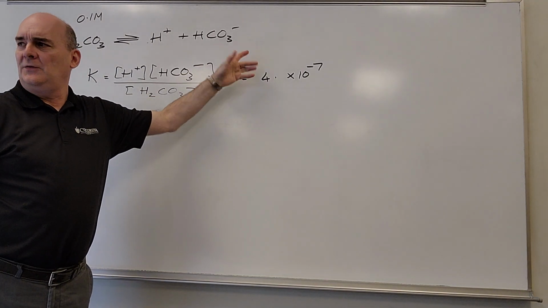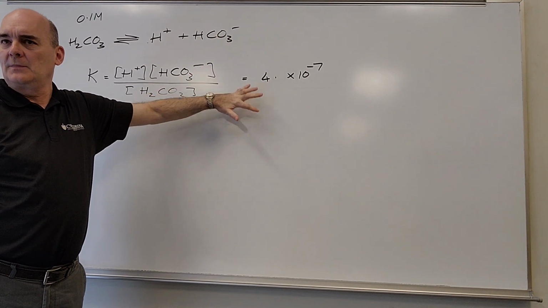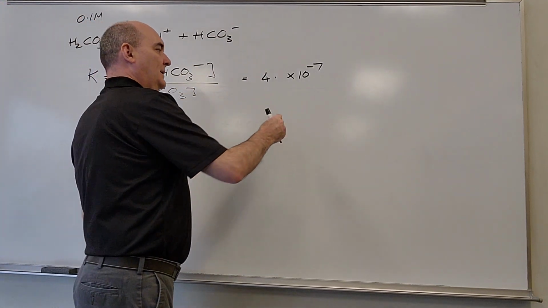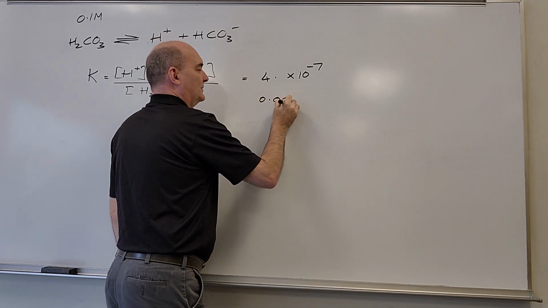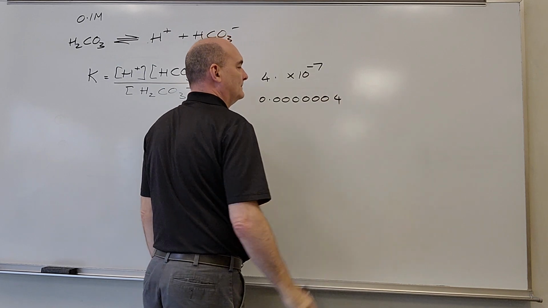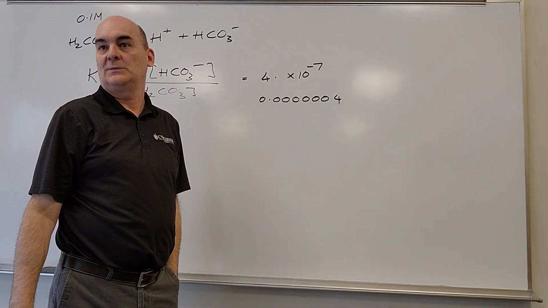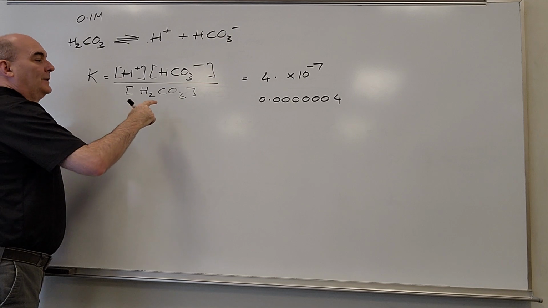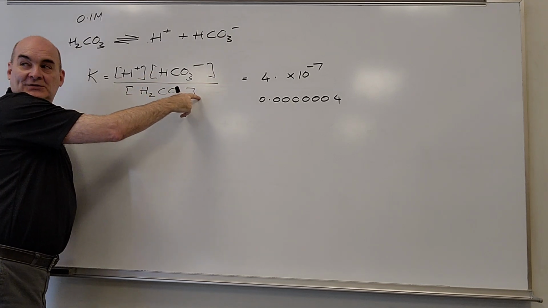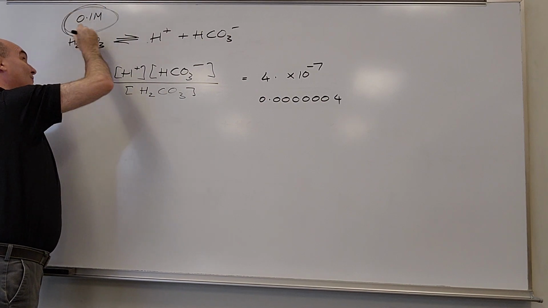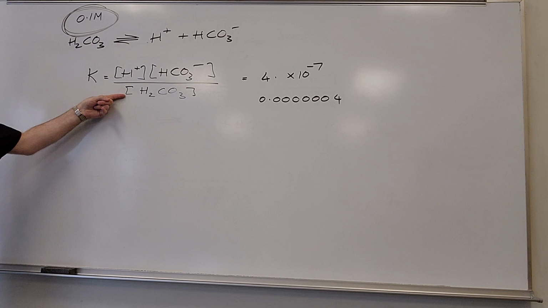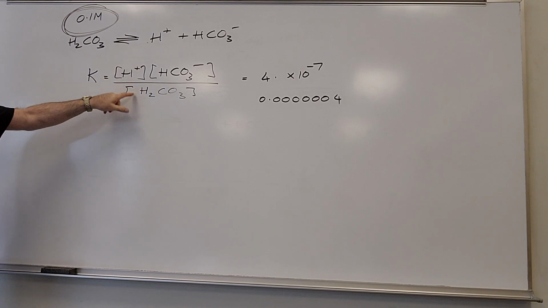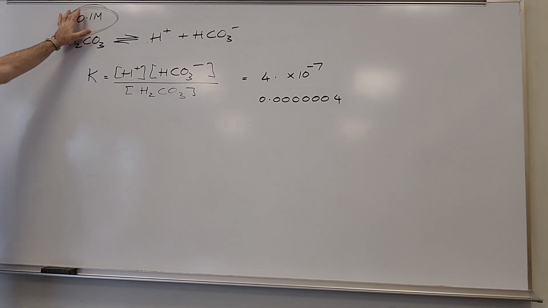And then we're going to say that the distribution in these numbers is so bottom heavy that it is 0.00000004, 10 to the negative 7 means, which means that the amount that I lose from my initial concentration at equilibrium is so puny that I may as well just say this.